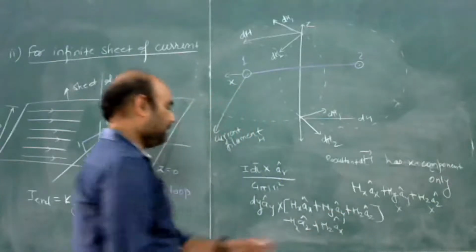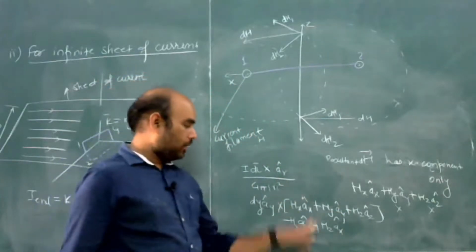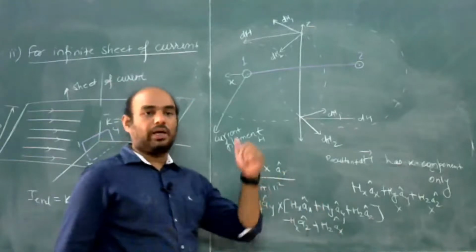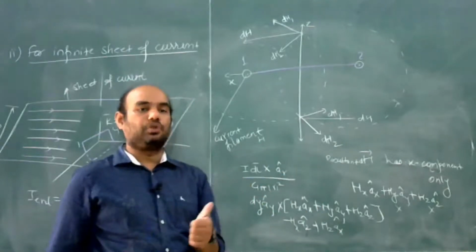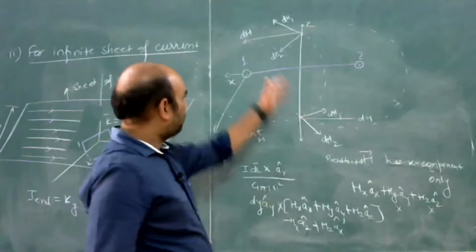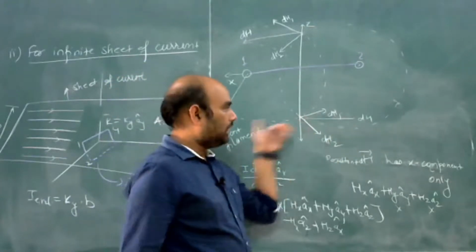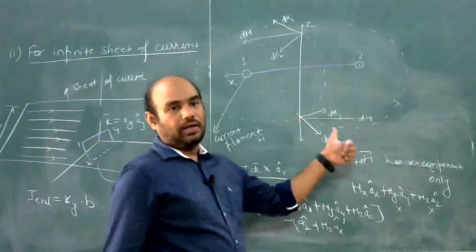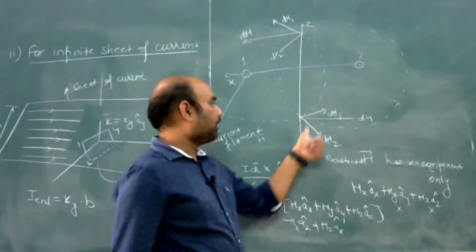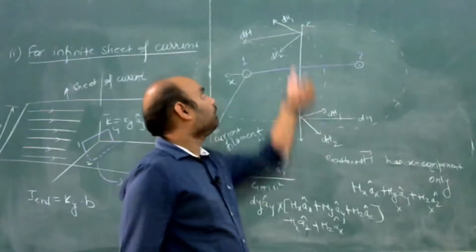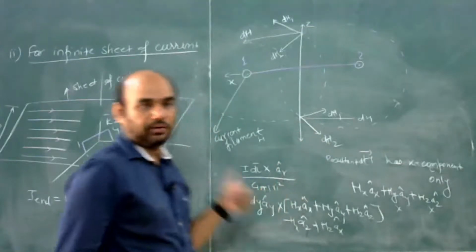So you will get components along AZ and AX, and along AY it will always be 0. Here we have seen that we get only the value of H in the x direction, and the z component of H will cancel out due to symmetry.